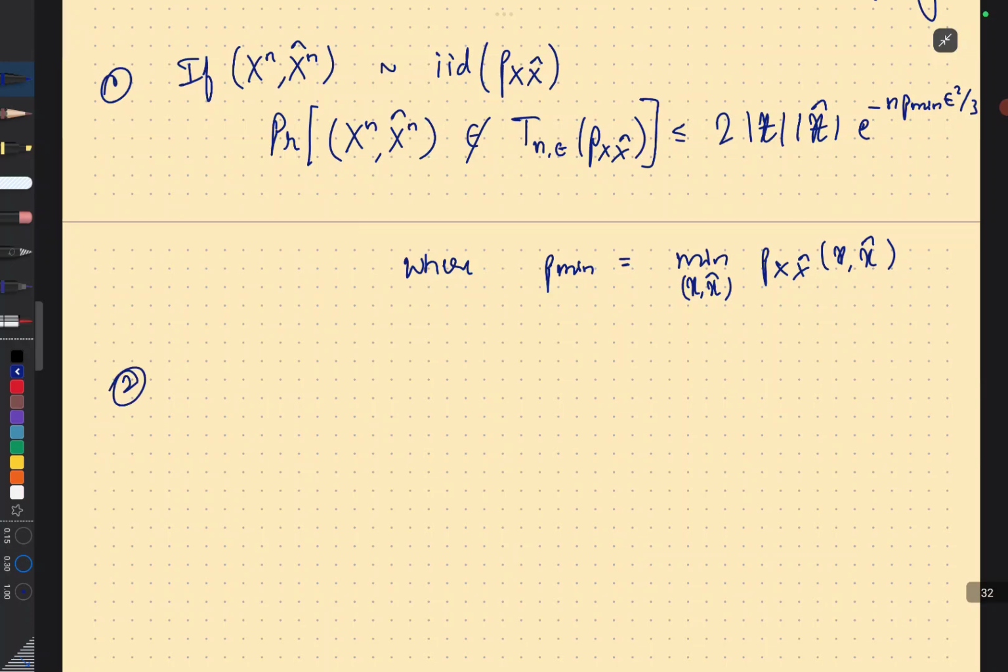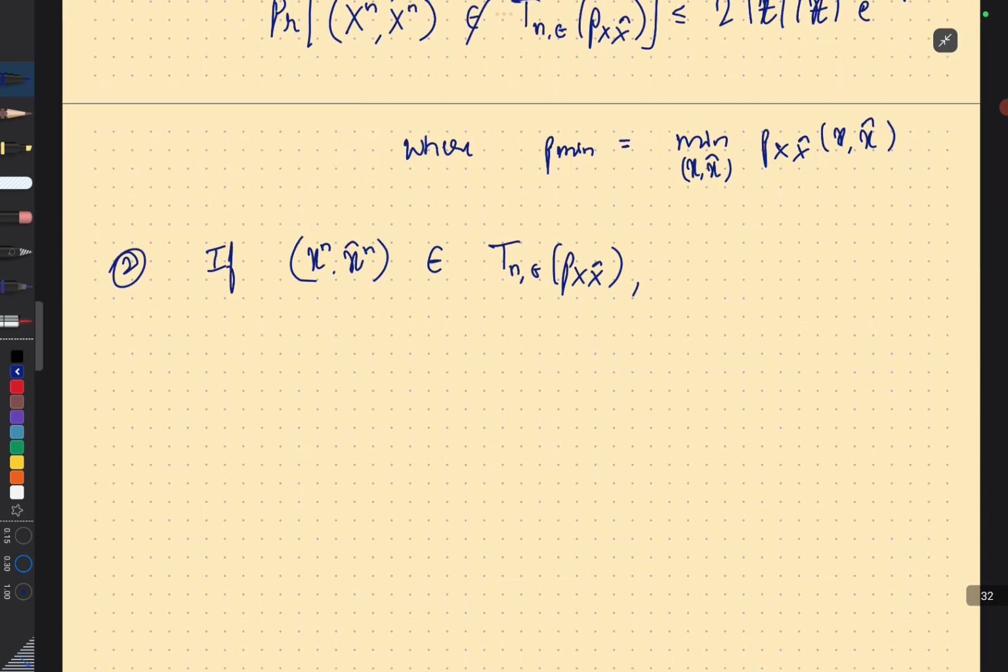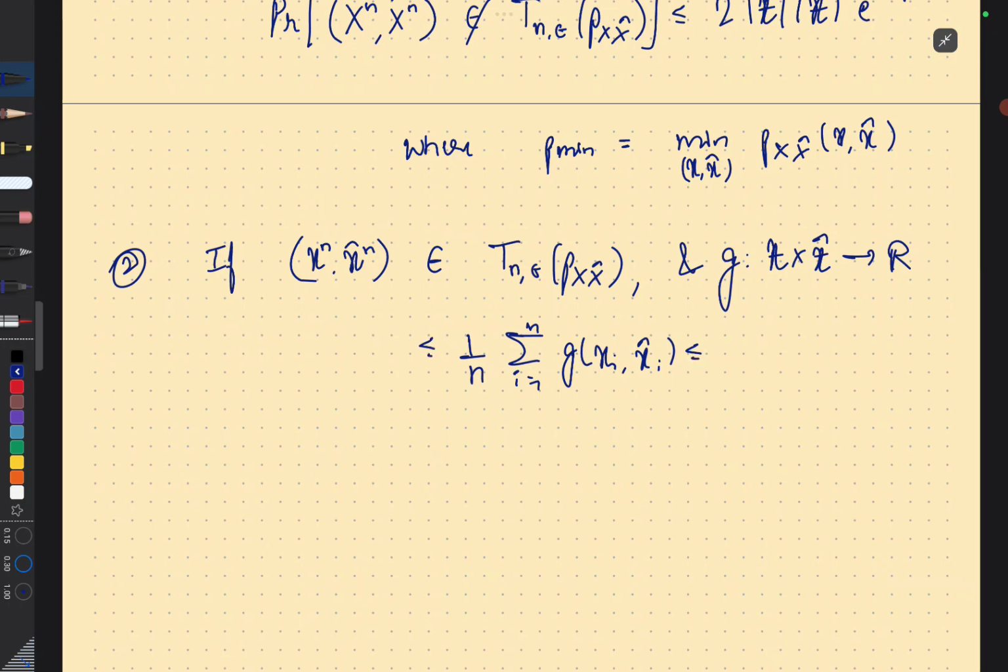So the second property is, if you have a pair of sequences that lie in the jointly typical set, and you have any function g, then the average of g is going to be epsilon close to the expected value of g.